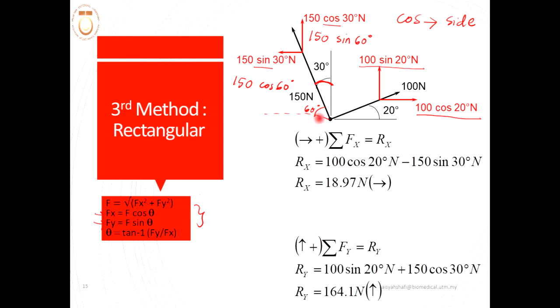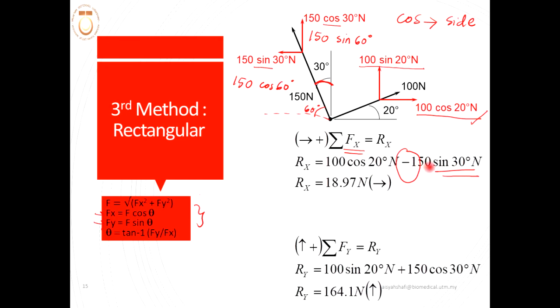Okay, and then for the resultant force at the x-axis, it is 100 cos 20 Newton, minus 100 sin 30 Newton. This one you can use sin 30 or cos 60, it's the same. But what I want to highlight is that it is negative here. Why negative, not positive?